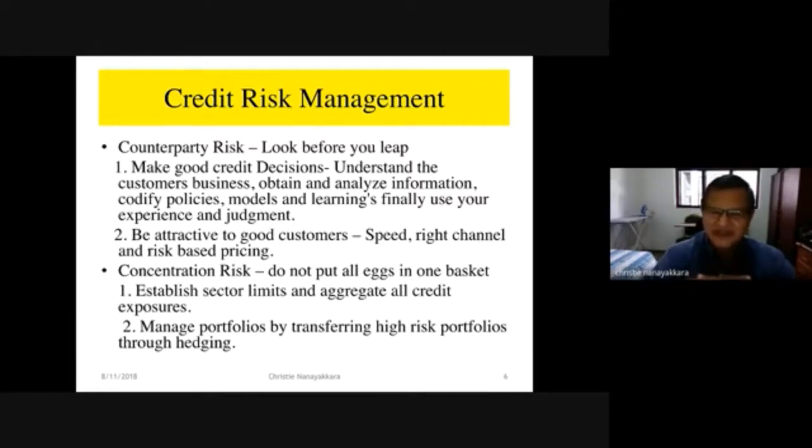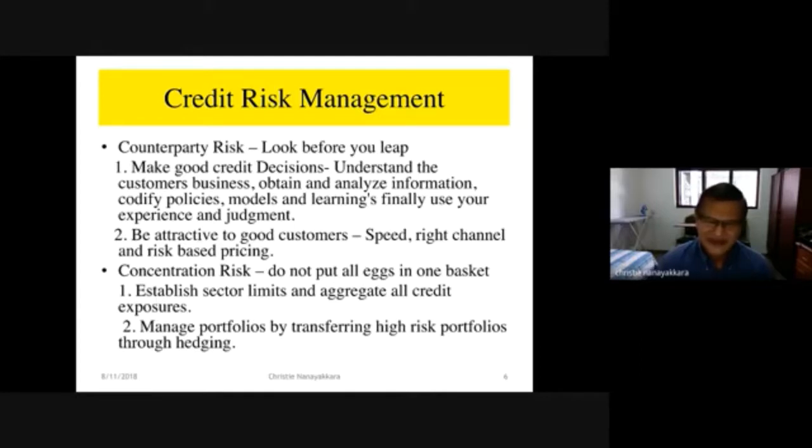Most of the places are closed. Even they can't cater for local tourists. They can't cater for foreign tourists because of COVID-19. And as a result, your credit facilities which you have given to these clients are not being repaid.